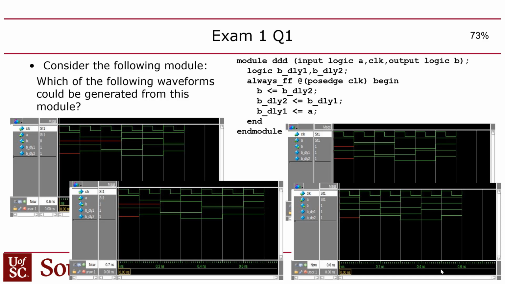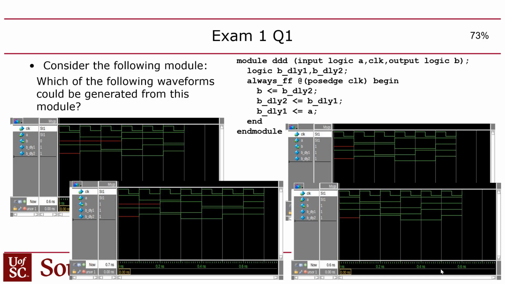So the answer is this one. The way I would have approached this is to look at A, then look at B delay 1 and make sure it's delayed by 1 cycle. Then B delay 2 should be delayed with respect to B delay 1, and B should be a delayed form of B delay 2.